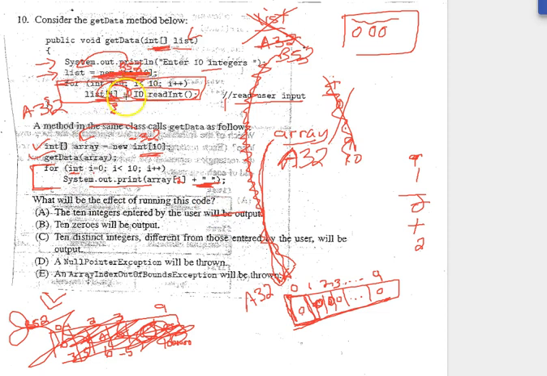They are long gone. They fell out of scope. They're garbage collected, something like that. That's gone. And distinct integers different from those entered by the user is not outputted either. That answer is not even relevant or close. There is not a null pointer exception here.